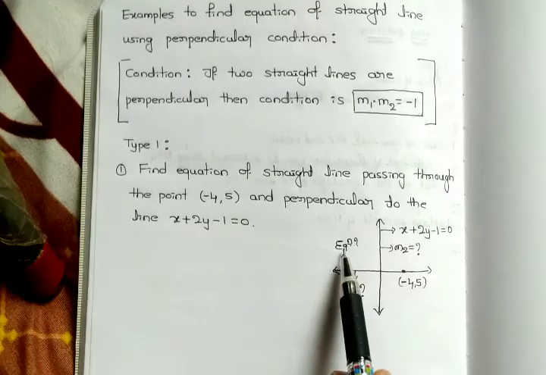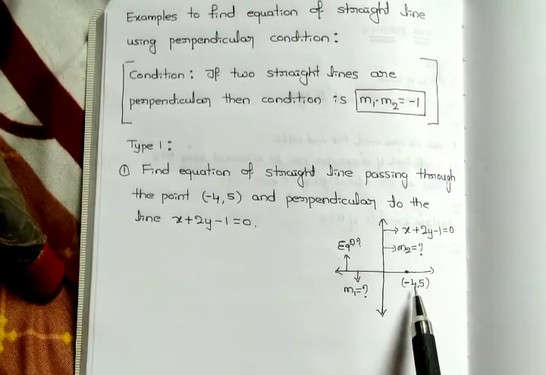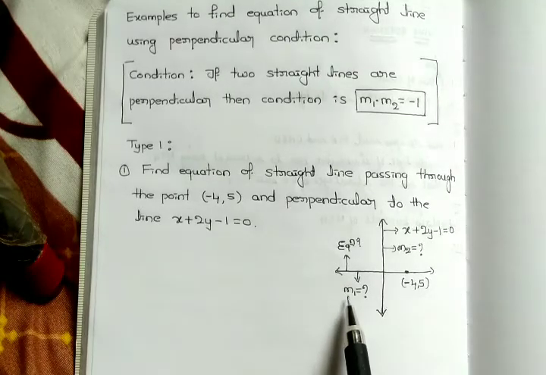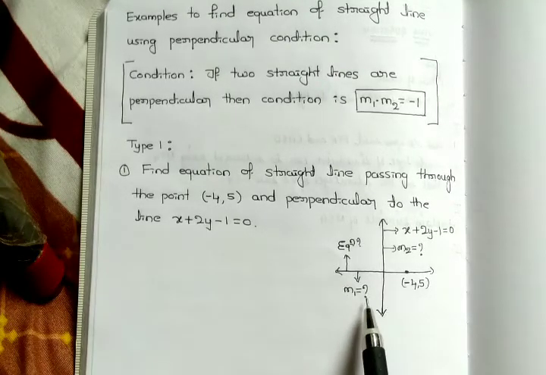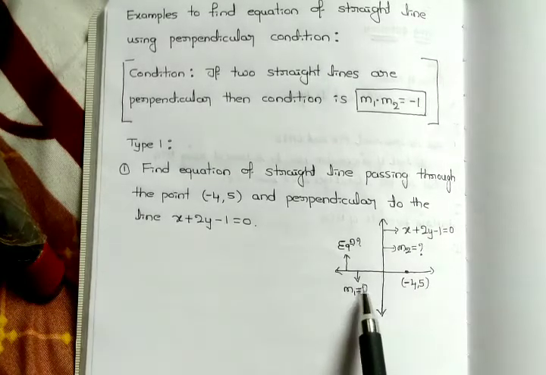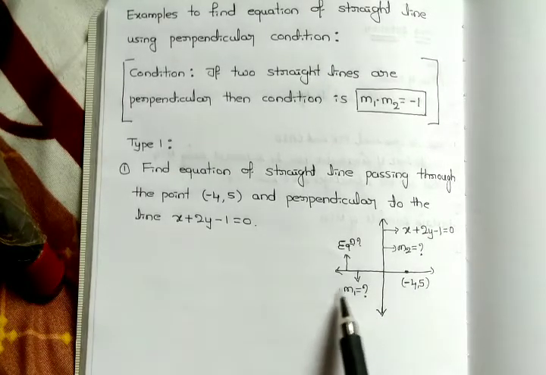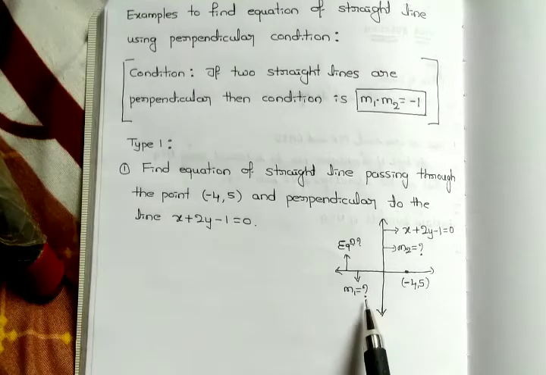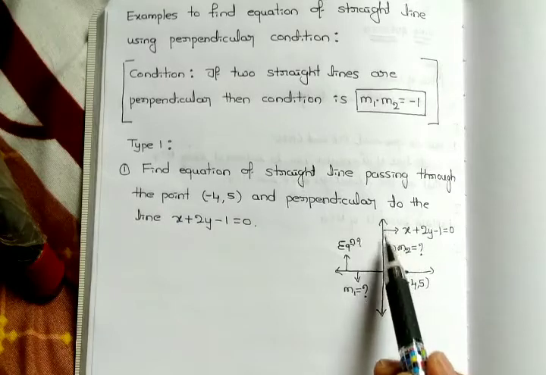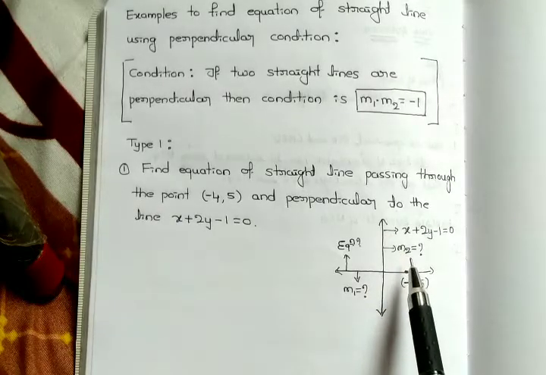To find the first line's equation, we need one point (x1, y1) and the slope value, that is the m1 value. One point is already given, but the m1 value, the slope, you don't know. To find this slope we need the second line's slope first.